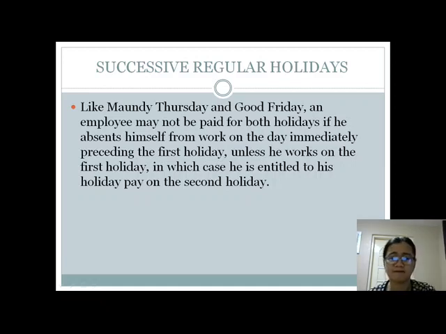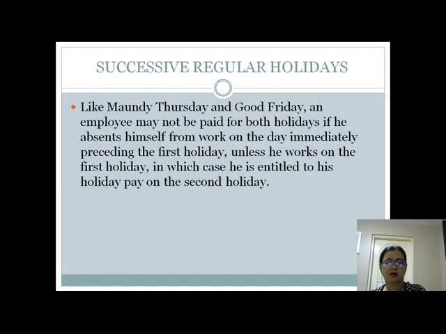So what does it mean? Assuming Maundy Thursday is a regular holiday, and of course Good Friday is also a regular holiday, there are two successive regular holidays.